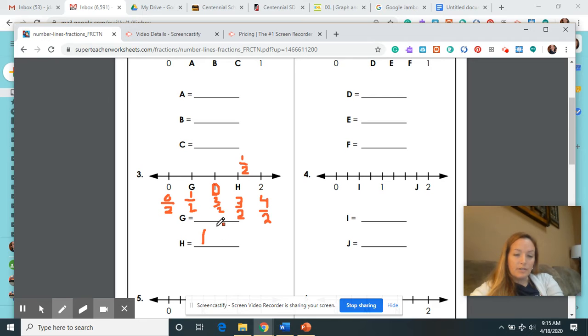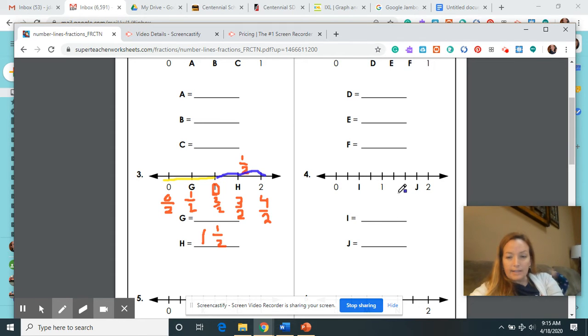We can also show it as 1 and 1/2, since this is showing 1/2 and this is showing another whole. So there are a few ways to represent the mixed numbers, but what we're looking for is, since we are passing a whole, we're going to use 1 and a half.